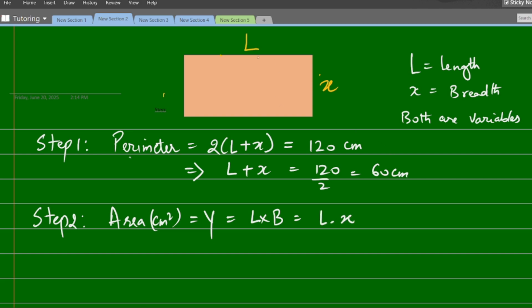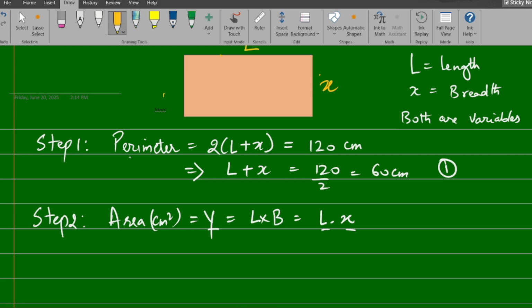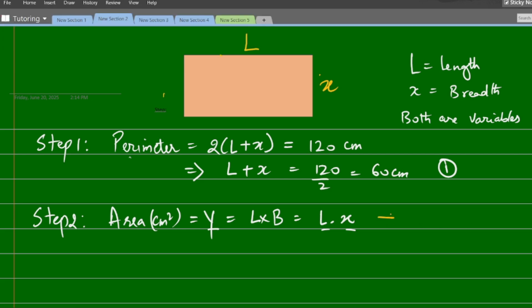Now here we know that from 1, L plus x is 60 centimeters. And in step 2, we have 3 variables, y, L, x. And it's asking us to maximize this, right? Maximize y.